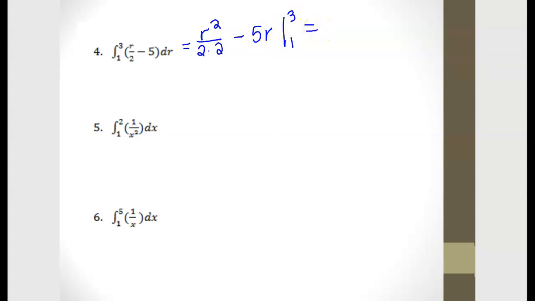So 3 squared is 9/4 minus 5 times 3, minus, 1/4 minus 5. So it's 9/4 minus 15 minus a 1/4 minus 5.